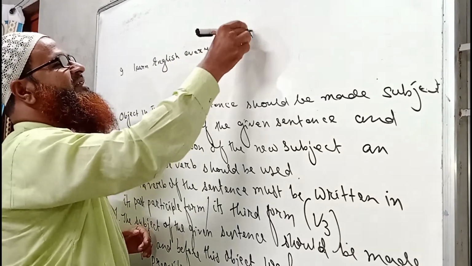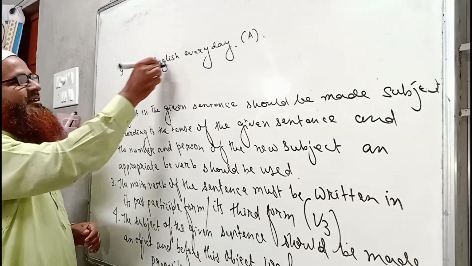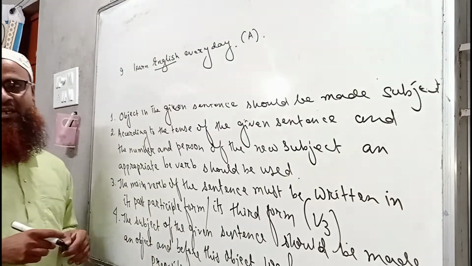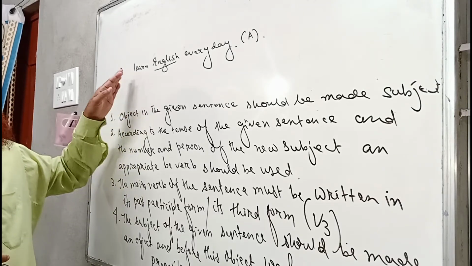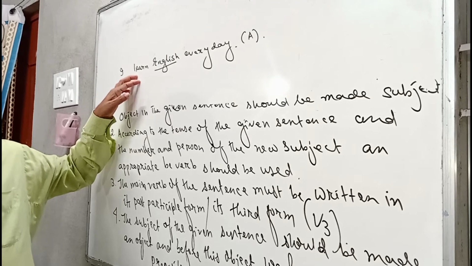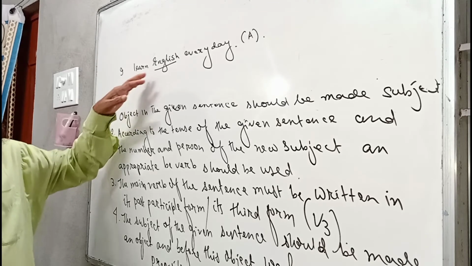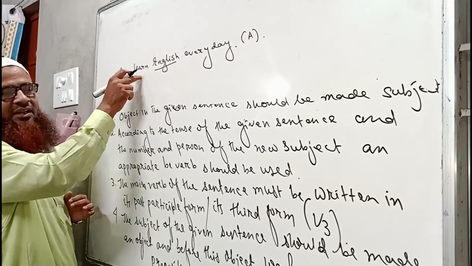So this is a very simple sentence where there is an object and the object is English. How do we find an object? Just before I told you that we must ask a question to the verb. What do I learn? Answer is English. So it is the object of the verb learn.